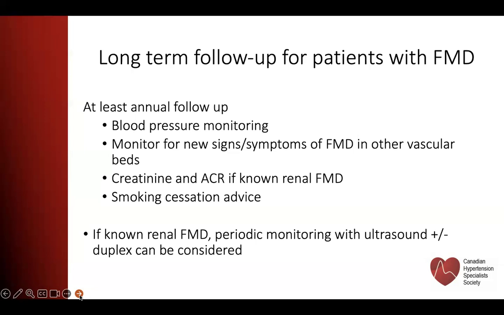Patients with renal FMD should have creatinine and proteinuria monitored, and smoking cessation advice is important if patients are smoking, given the association with worsening disease. If known renal FMD, then periodic monitoring with an ultrasound plus or minus a duplex can certainly be considered.